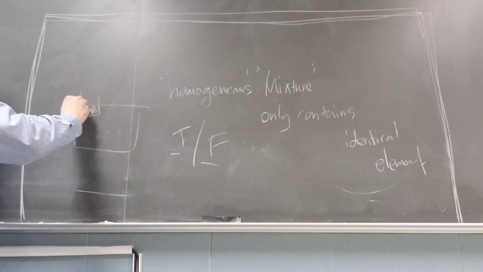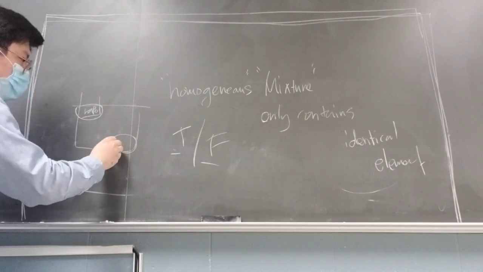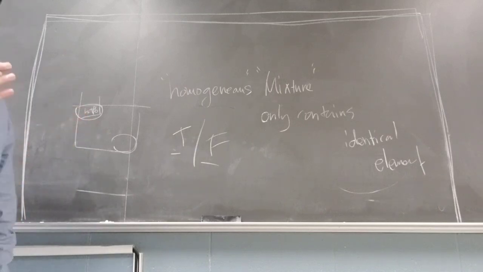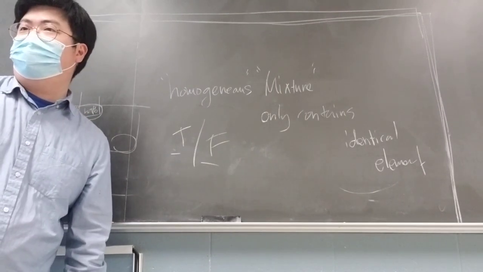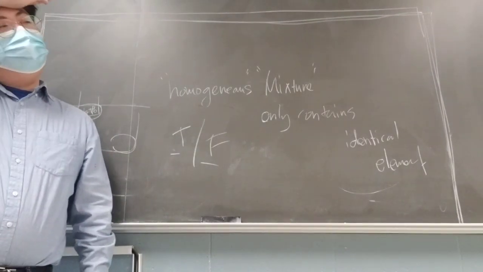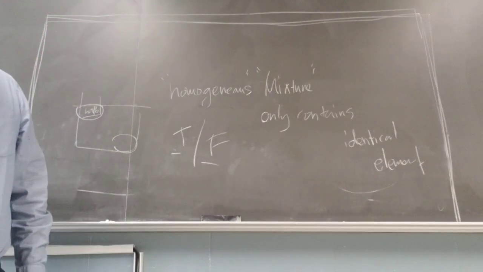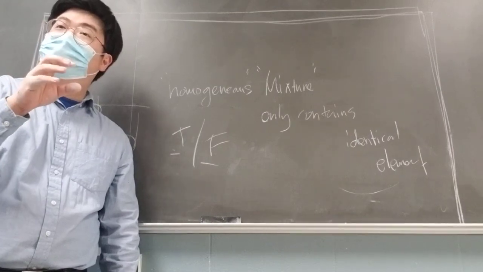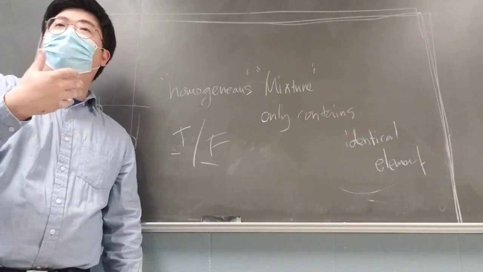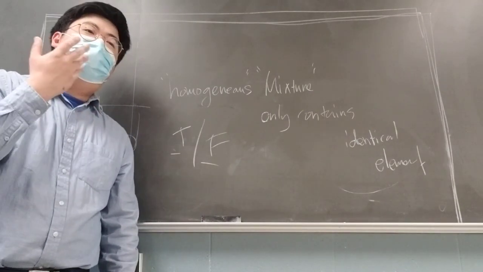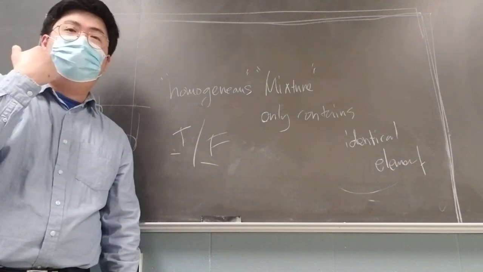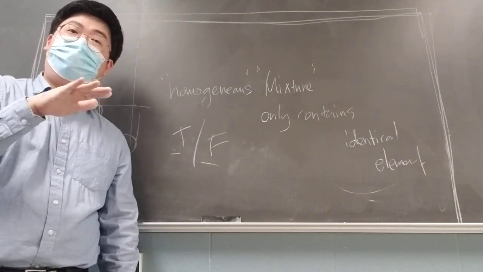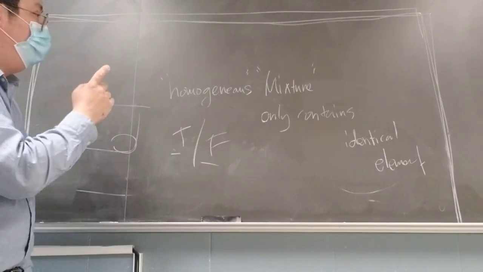So if you look at this part or this part, the 2 different elements are mixed in the same ratio. It's like the example I gave you last time. If you put a certain amount of sugar into the tea, you can make sweet tea, right? But if you taste the sweet tea in the first sip and the last sip, it will be the same sweetness for sure, because it is a homogeneous mixture.